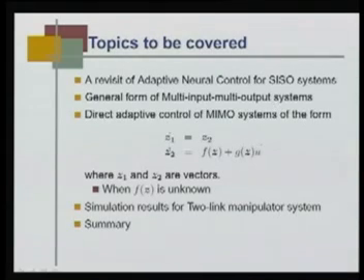So, we are only considering a specific form of the multi input multi output system, where this can be written in the form Z1 dot is Z2, where Z1 is a vector, and Z2 dot is equal to F(Z) plus G(Z)u, where Z1 and Z2 are vectors, and of course, Z is [Z1 transpose, Z2 transpose].